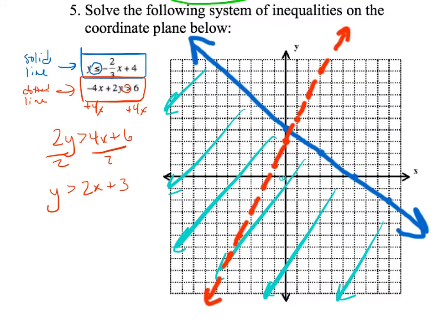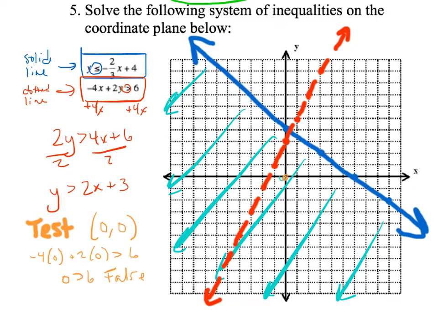And now I'm going to use a test point. So I'm testing 0, 0 again. When I put in 0, 0, I'm going to get 0 is greater than 6, which is false.